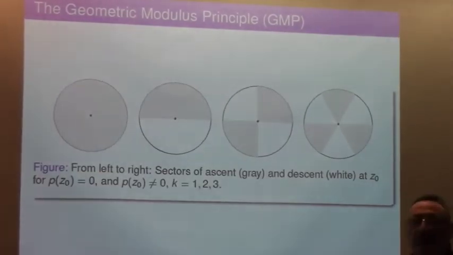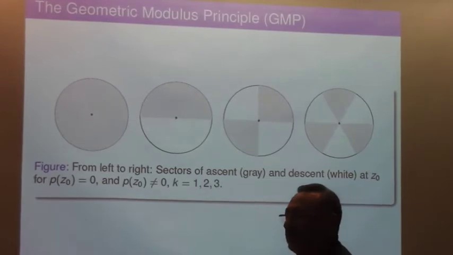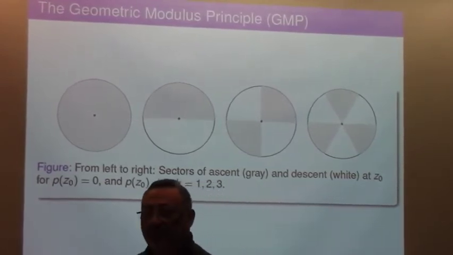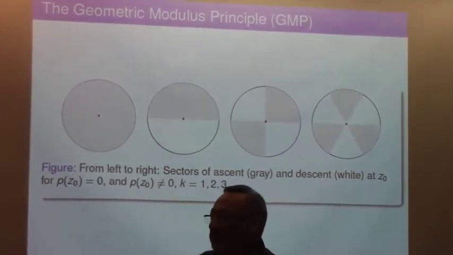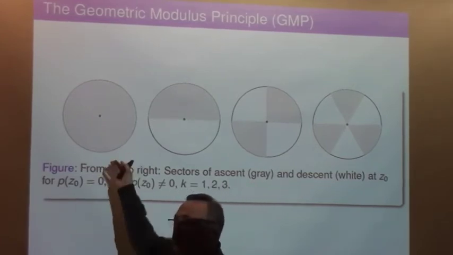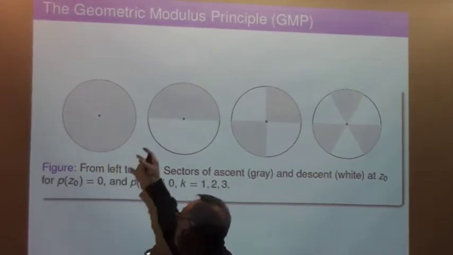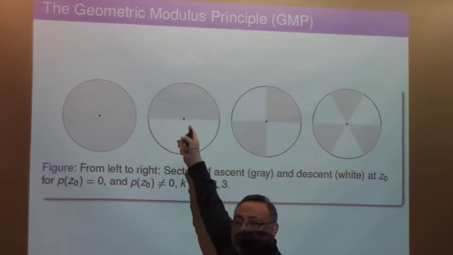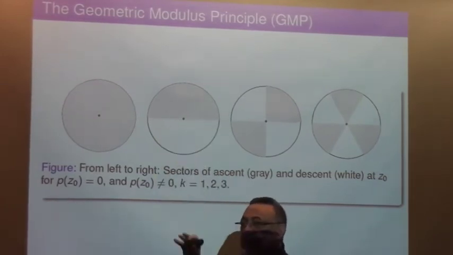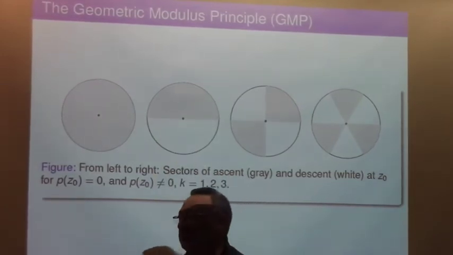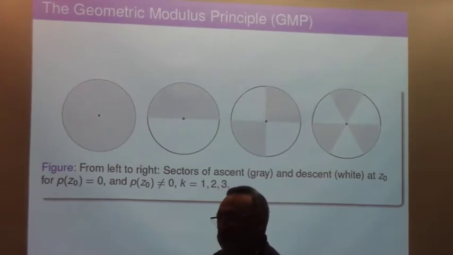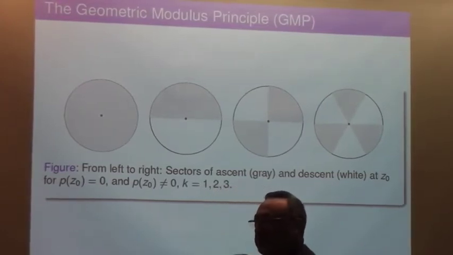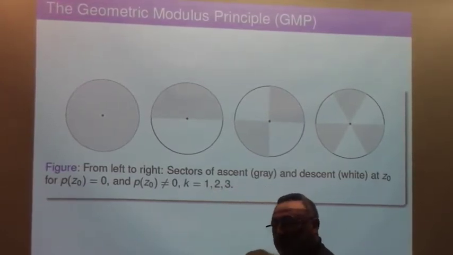In picture, this is what the polynomial looks like. Take any non-constant polynomial, take any point. If it's a zero, every direction is an ascent direction. If it's a typical point, 50% ascent, 50% descent. There is some neighborhood where it has this property. Ascent just means it's going up.